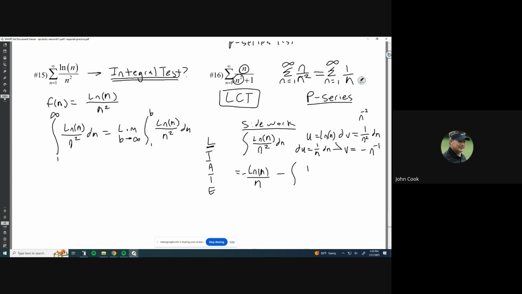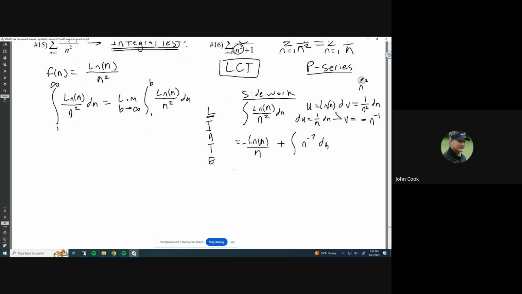So that's going to be a 1 over n and another 1 over n, and also a negative on it. So it's going to turn that to a plus, and then dn. So this turns into 1 over n squared, which is really the same thing as saying n to the negative second. So this is going to be a lot easier. Now this becomes negative natural log of n over n.